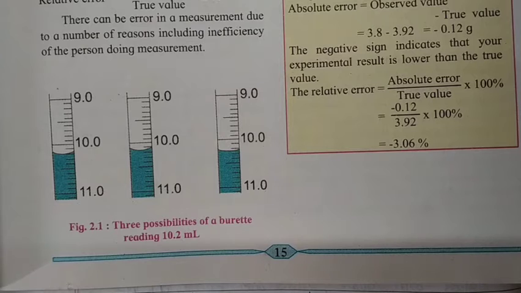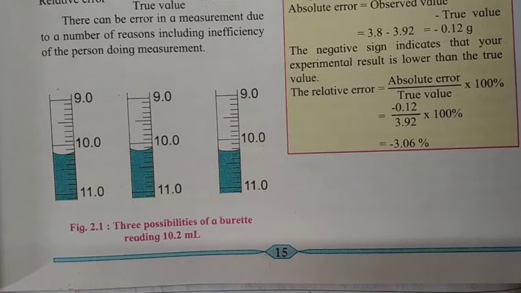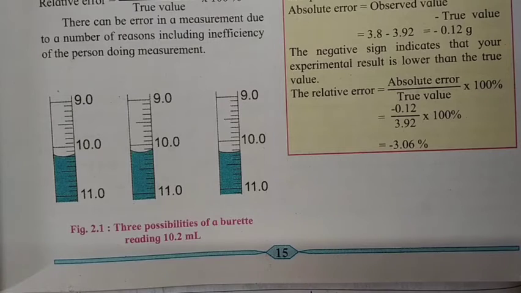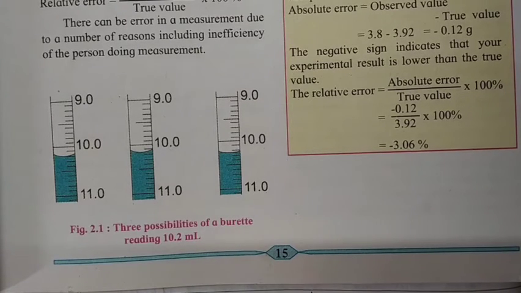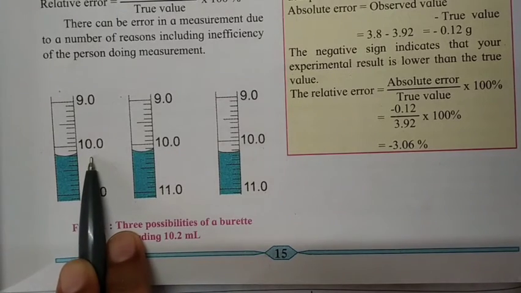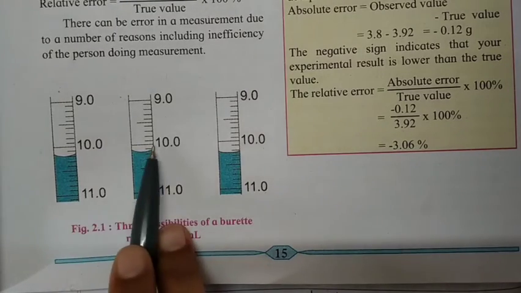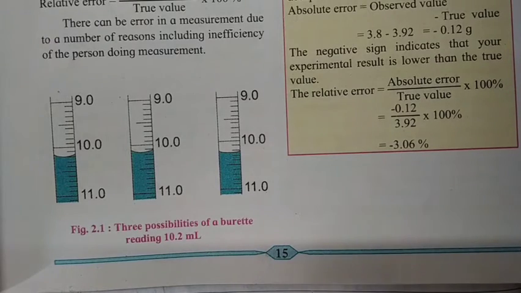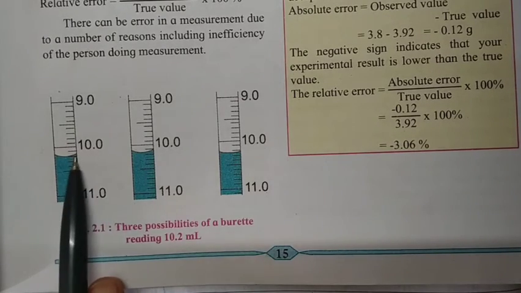Now look at the diagram or figure which shows the difference between error and absolute error. Burette reading of 10.2: for all three burette situations, the reading would be noted as 10.2.